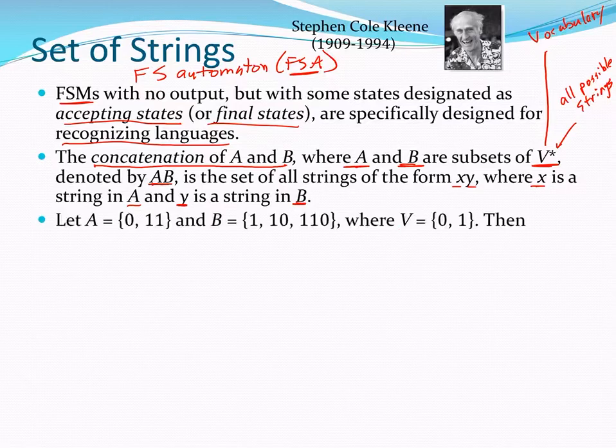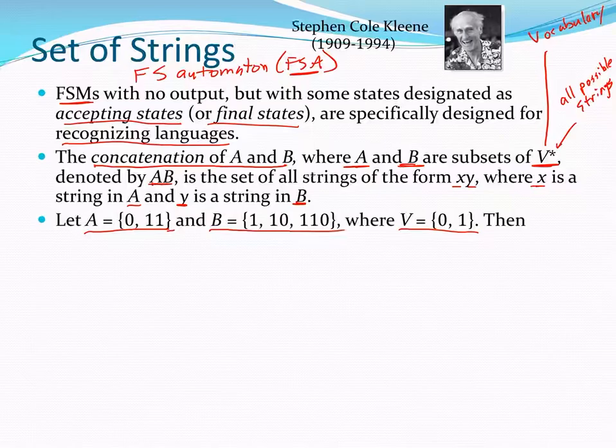Here's an example. If my vocabulary is 0 and 1, that means V star is the set of all possible bit strings. A is a subset of the set of all possible bit strings and contains 0 and 11. B, another subset of all possible bit strings, contains 110 and 1.